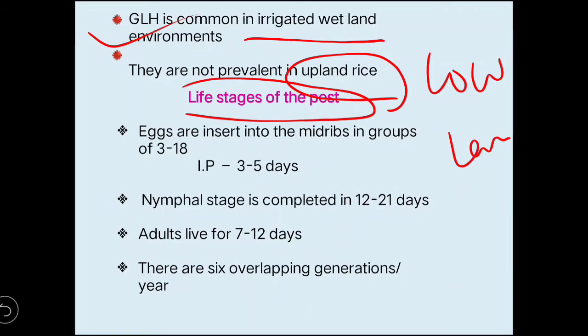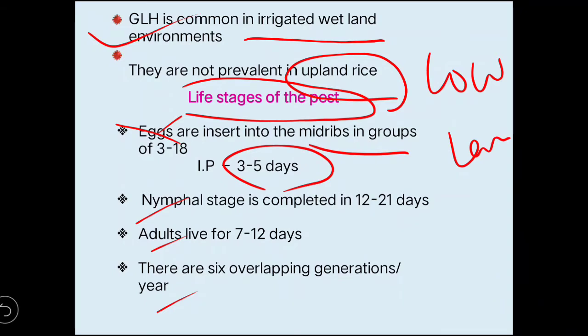Next we'll see the life stages. The incubation period is 3 to 5 days. They lay the eggs into the midrib of the leaf. There is no need to remember this for exam purposes, whether you are in second, third or fifth semester, whichever semester you have this crop pest.